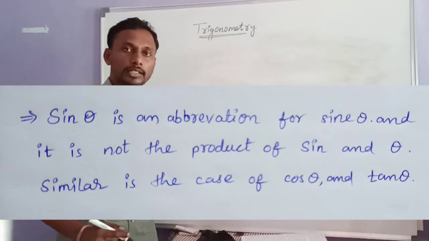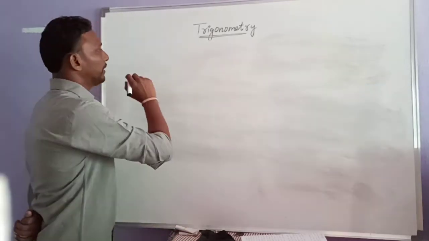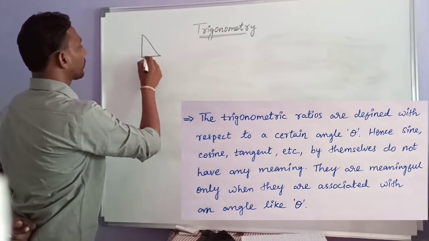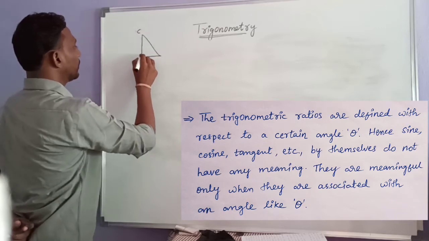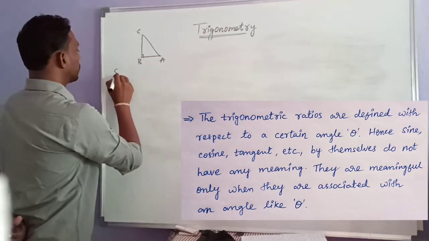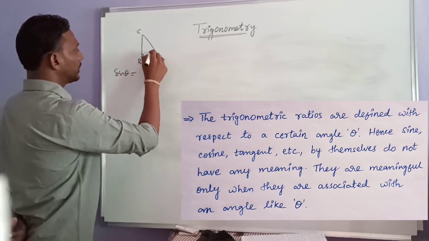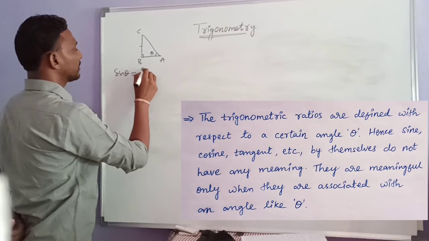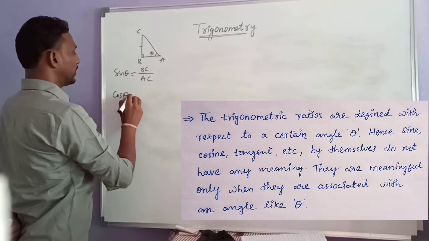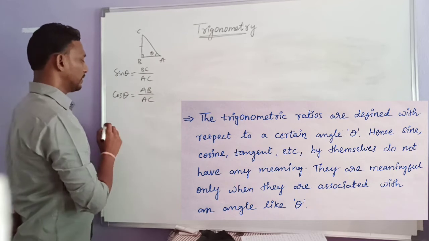So now we got the trigonometric ratios. Briefly, once again I am writing here the triangle we considered: right angle at B, and here is A, and C. So sin theta, opposite to theta, is the opposite side BC by AC, and cos theta is the adjacent side AB by AC, right?